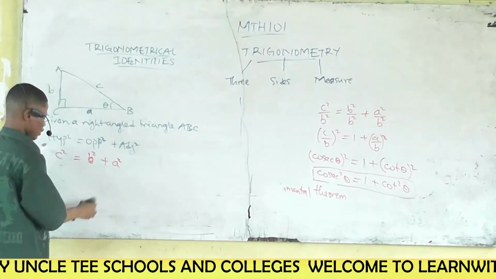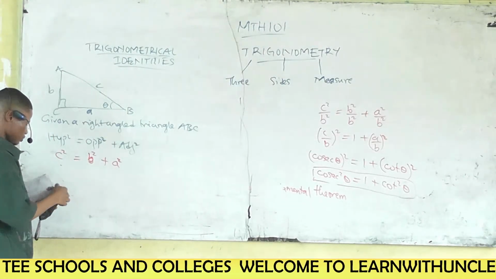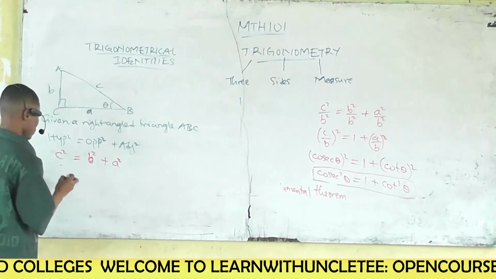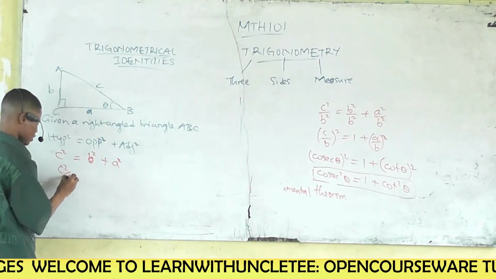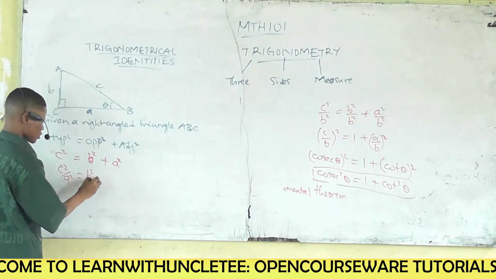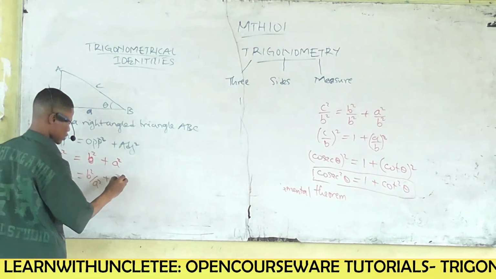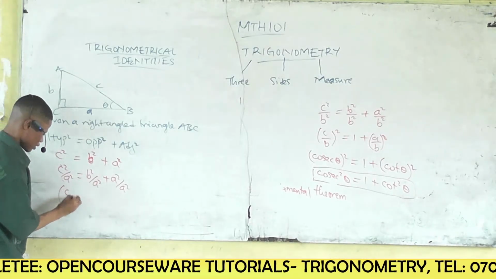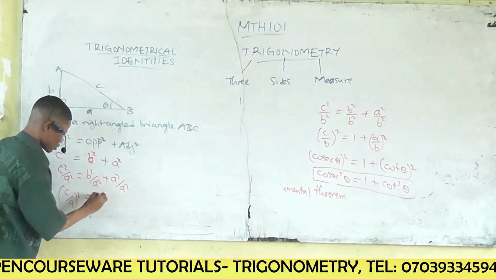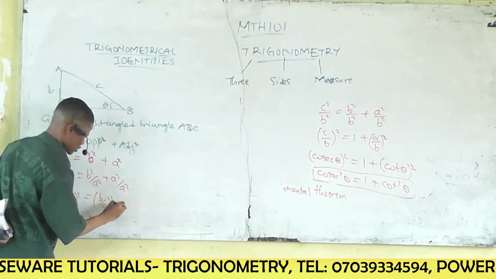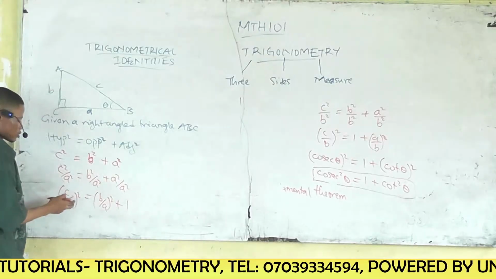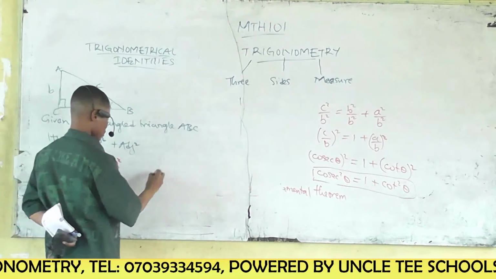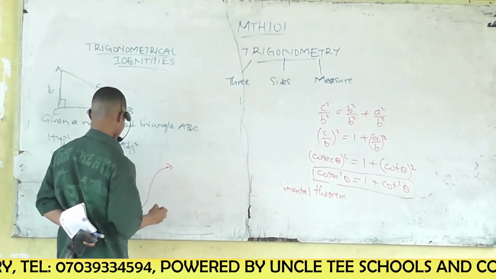Now, if you divide all through by a square, so this will give c square over a square equal to b square over a square plus a square over a square. So this gives c over a all square equal to b over a all square plus 1. So from here, what comes to your mind? This will be what?